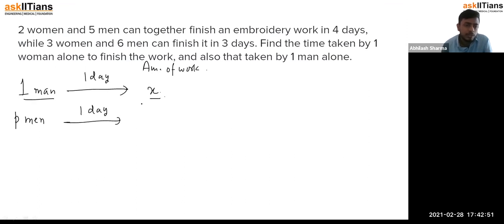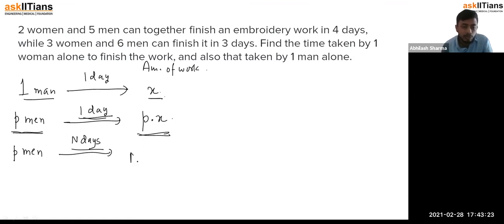Obviously, if 1 man is able to complete this much work, then p men together will complete p times x work. That is the most obvious thing. Now, if p men in 1 day can complete this much work, then how much work can p men do in n days, let's say? Obviously, n times the amount of work they were doing in 1 day only.